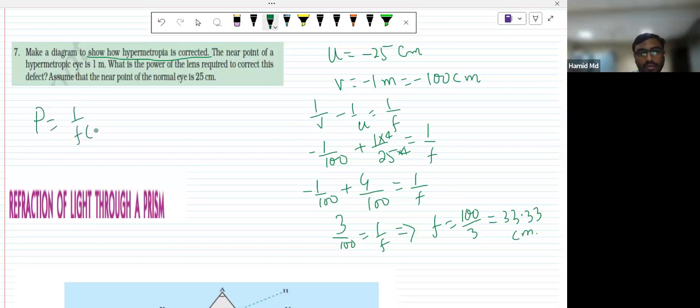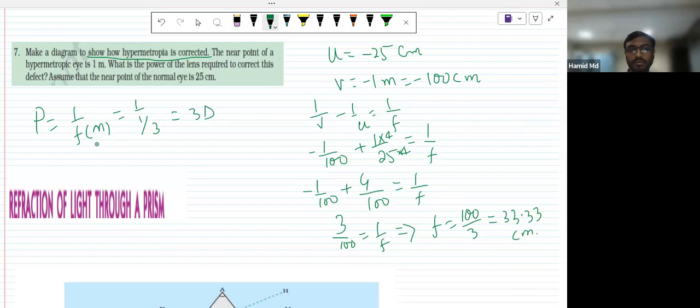I'm saying again and again, this should be in meter. So our focal length in meter is how much? Sir, 1/3. So this will be 1 over 1/3, right? Yes, sir. So this will be 3 diopter. Is it clear to everybody?